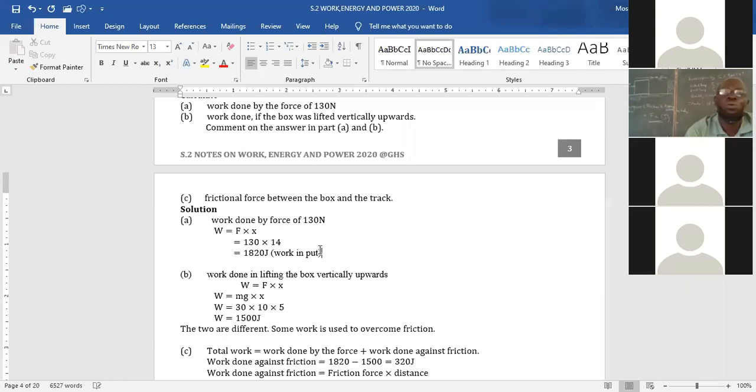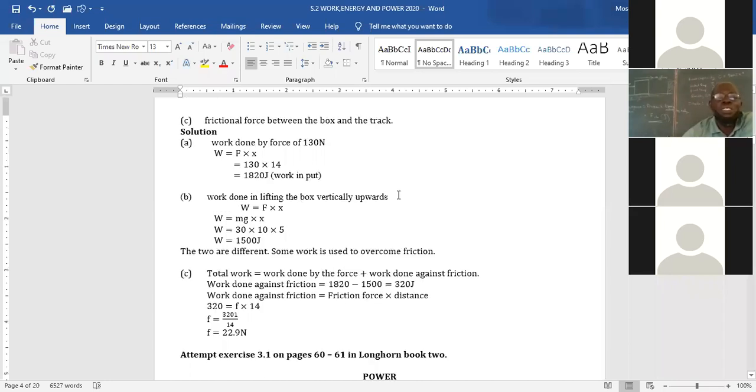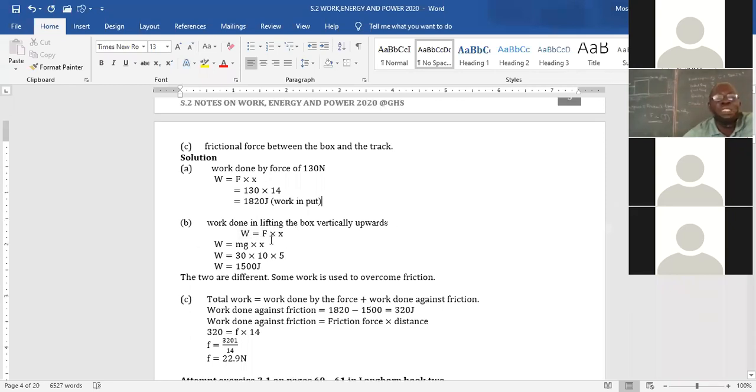Okay. Now, the next question is asking us for the work done in lifting the box vertically upwards. Can we find that work? Here, we are considering the vertical displacement.